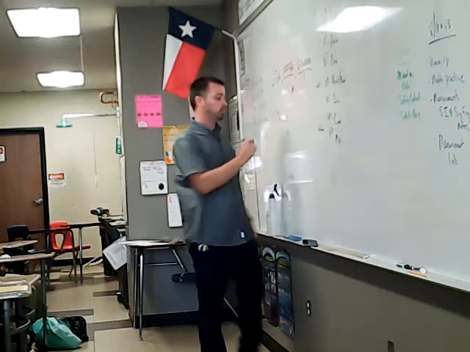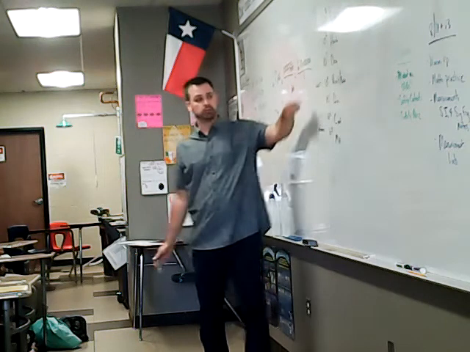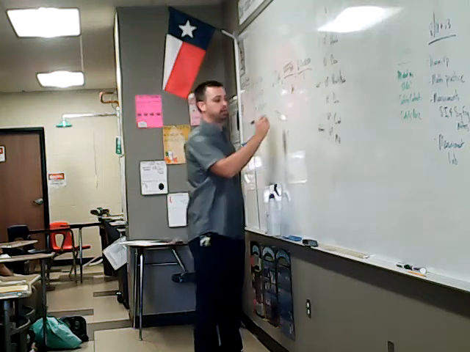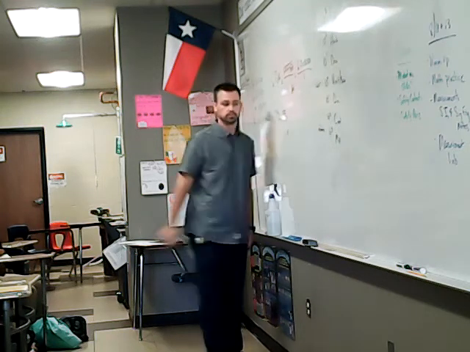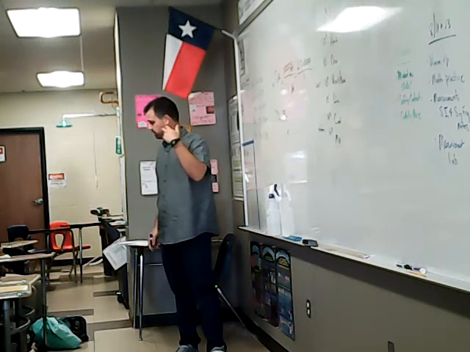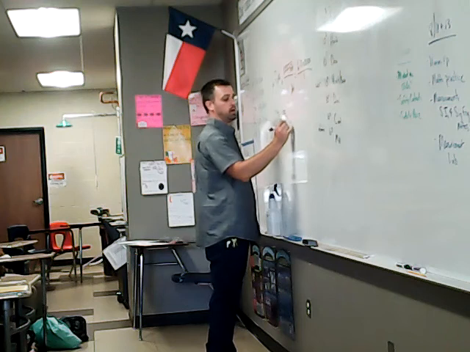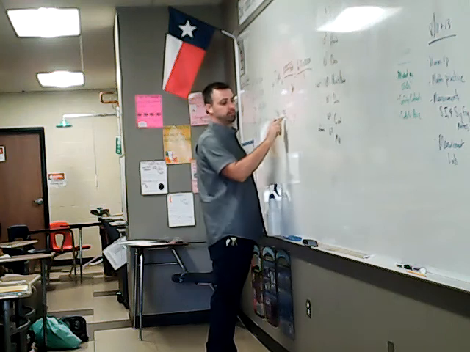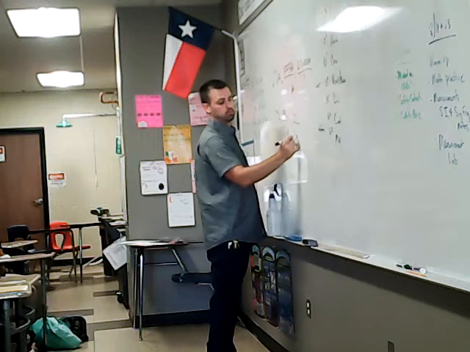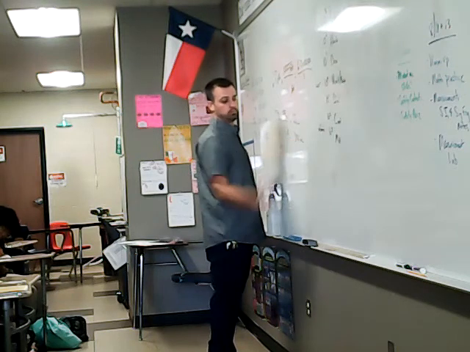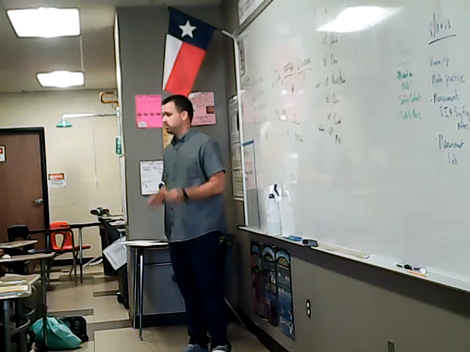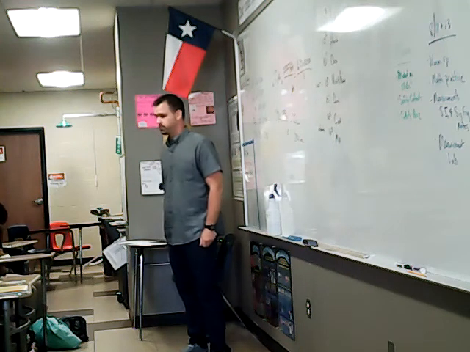Liters is larger, so that's where my 1 goes. Milliliters is how many away? 1, 2, 3. So I have 3 zeros. When I do this mentally, not with a calculator, I move the decimal 3 times. 1, 2, 3. 3,900 milliliters. Okay?